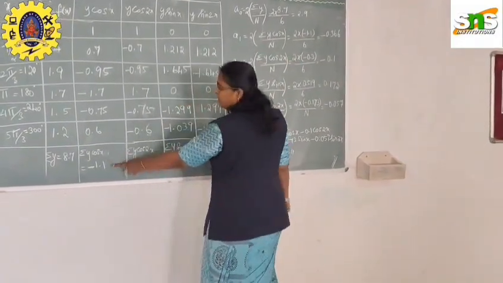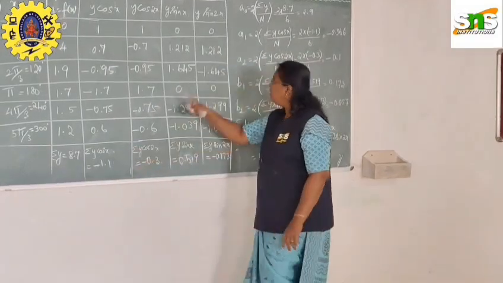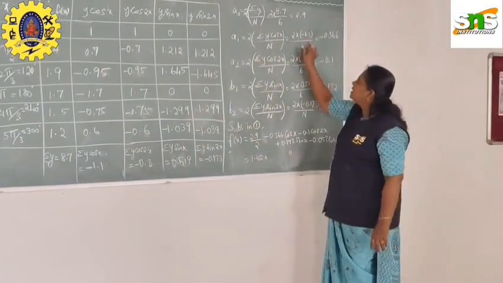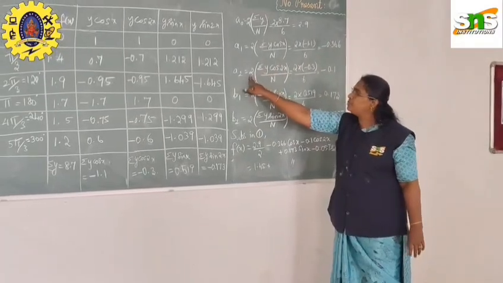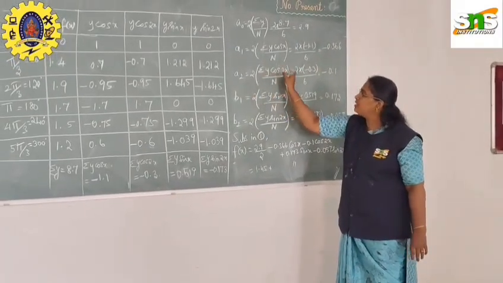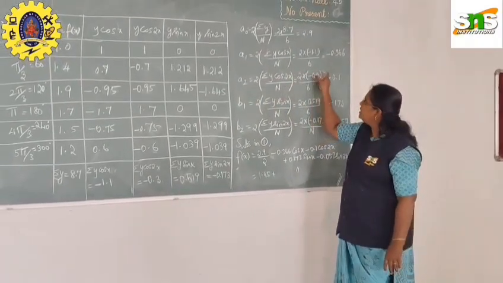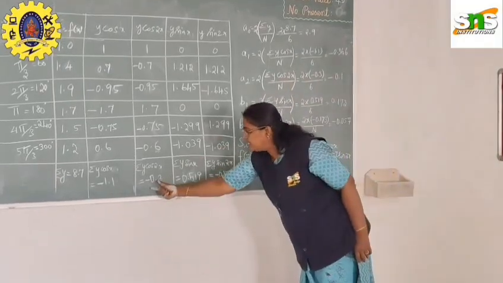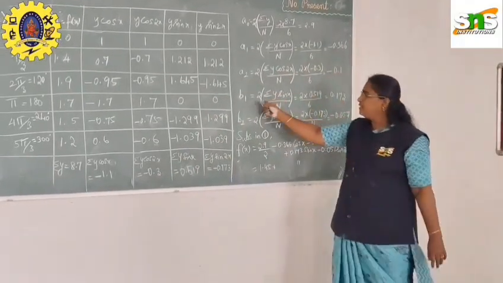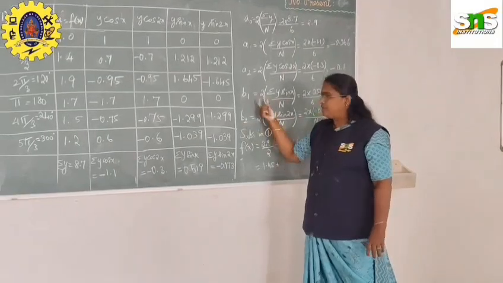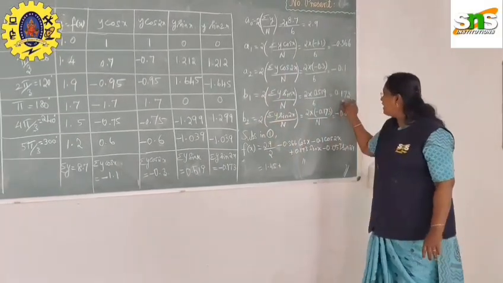So the summation y cos x value is minus 1.1 we got. Write it in brackets, then cancel, and we get the a1 value. And then a2 means twice the summation y cos 2x divided by n, that is minus 0.3 here, and we get the value. And then b1, b2, likewise you get them and the corresponding values.